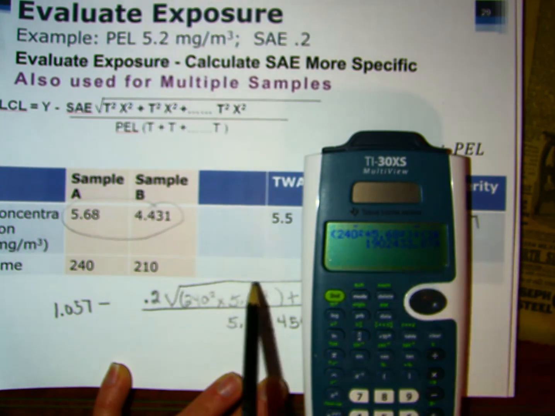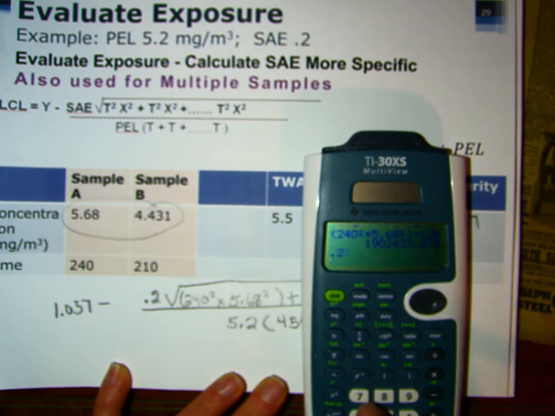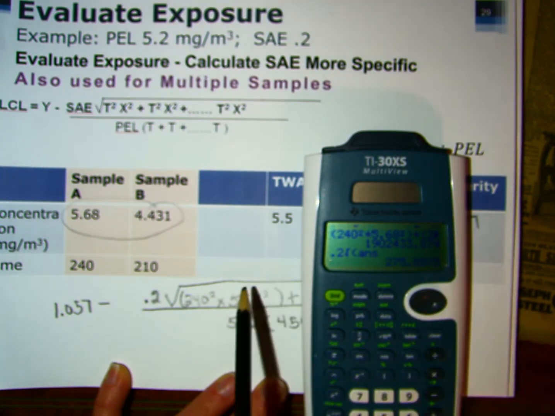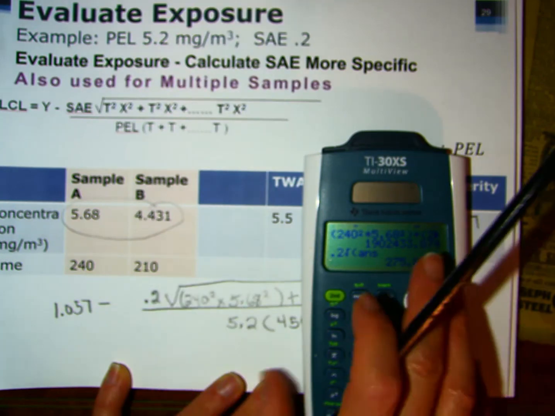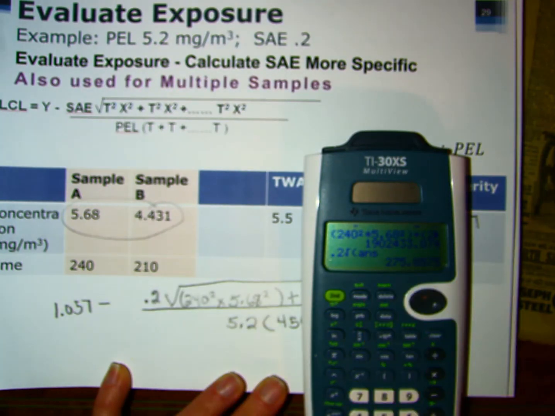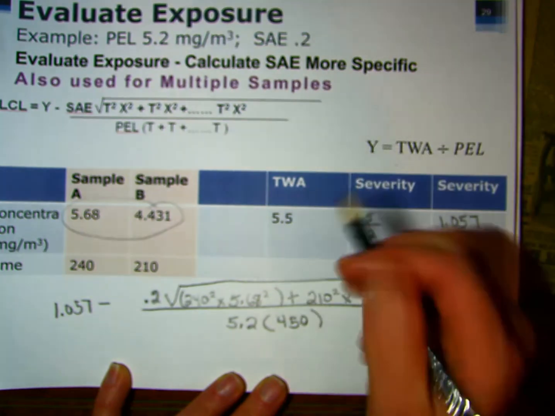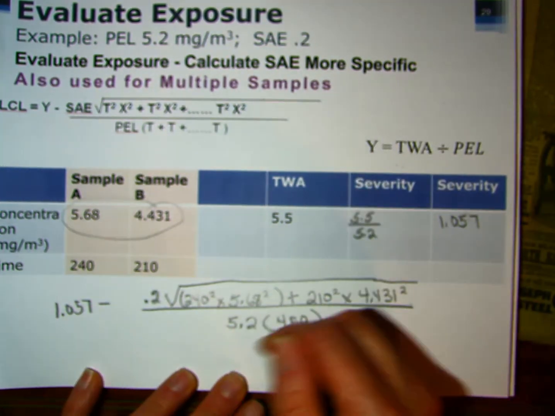And I've done this inner value here. And now I take 0.2 times the square root of my answer, and I'm able to get this upper number, 275.85.